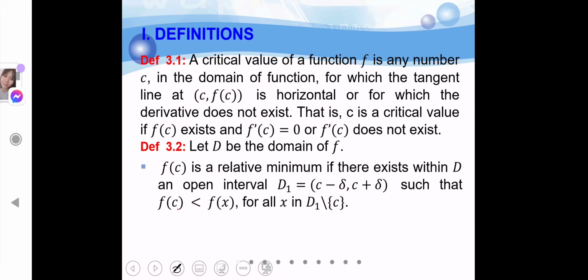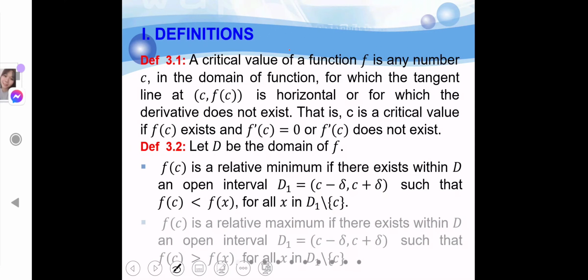Now, similarly, you have the definition of relative maximum.